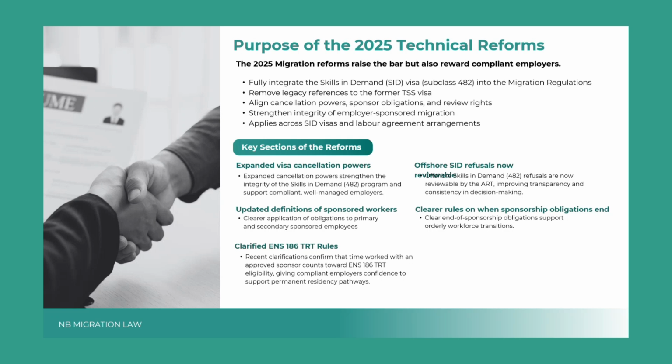They stopped this for a while. They used to be in force maybe 20 years ago, but then that has been changed, and overseas applications could not be reviewed. Okay, ART, previously called AAT, has no power to review the decision.